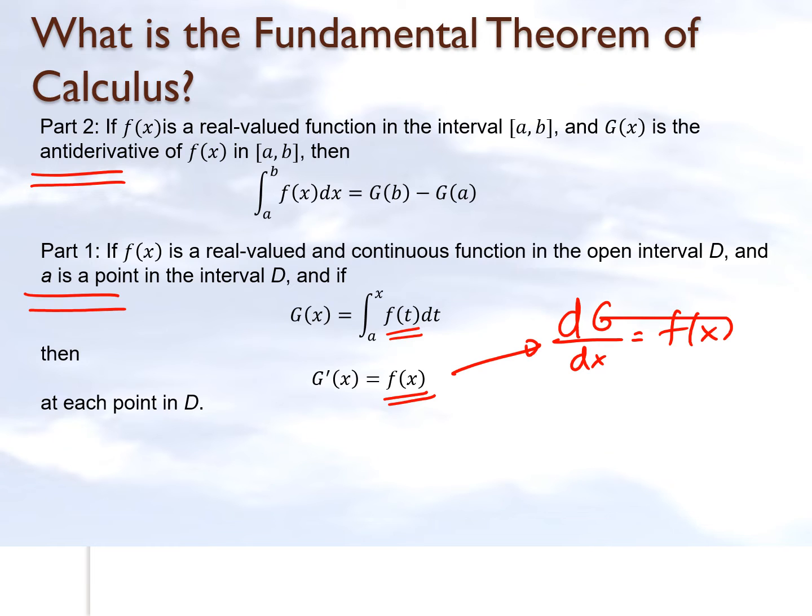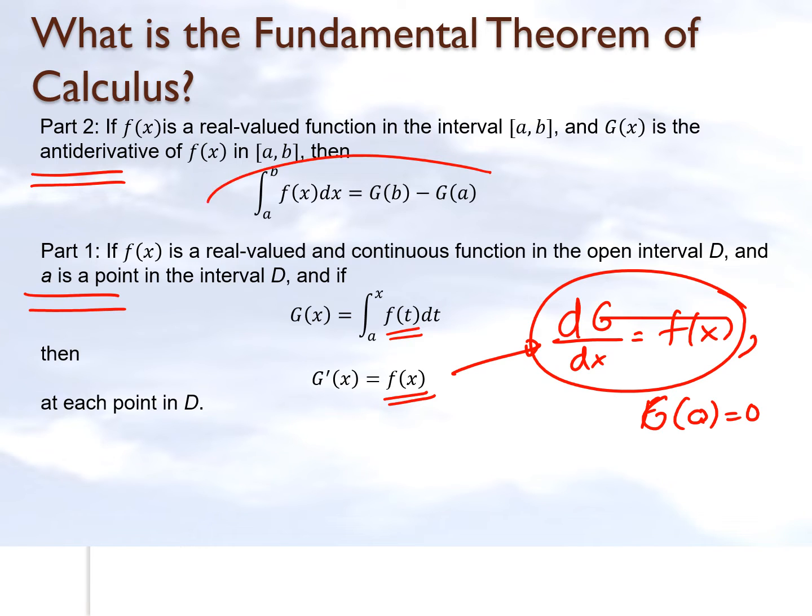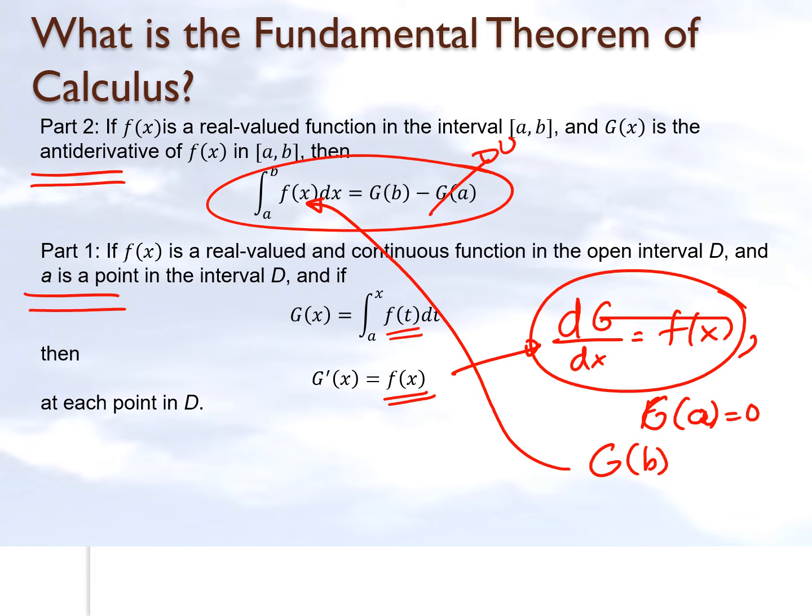If you look at this, this is like an ordinary differential equation. Now, if I say that the value of g at a is 0, then whatever turns out to be the value of g at b will be the value of this integral. Because if g at a is 0, then you know that the value of the integral is simply the value of g at b.